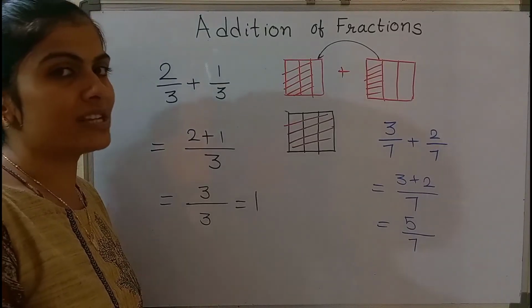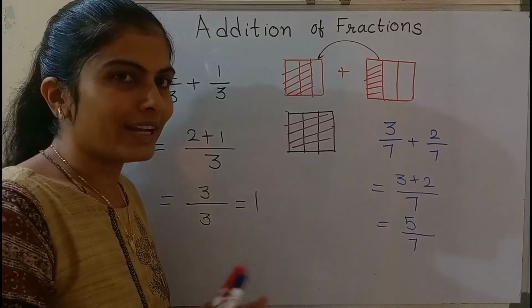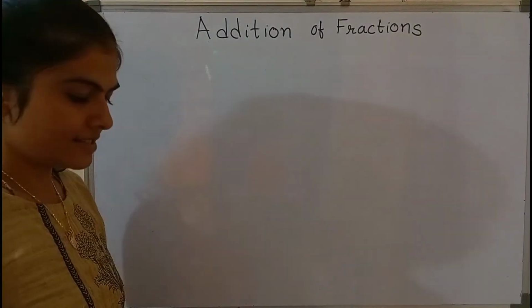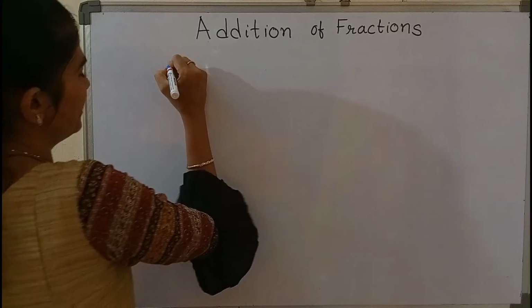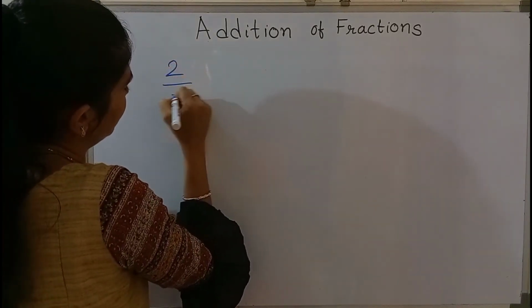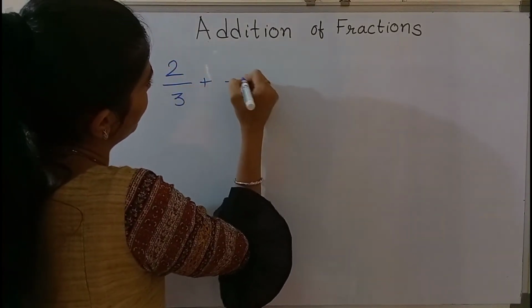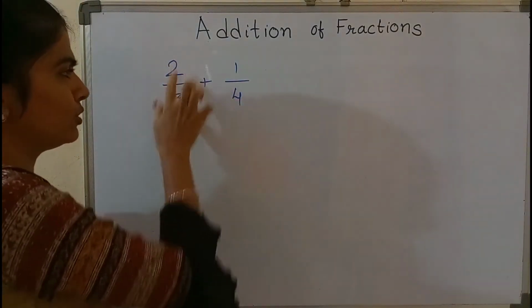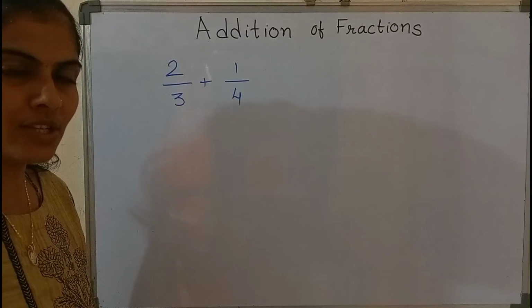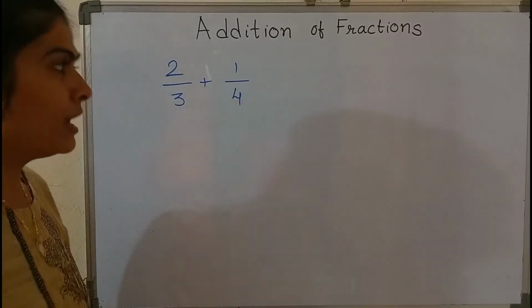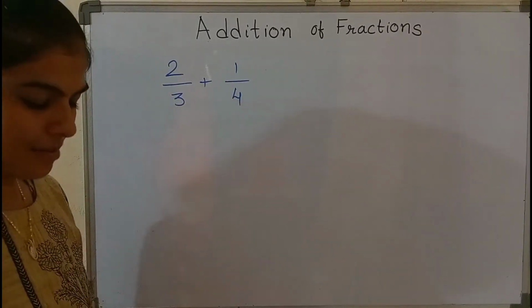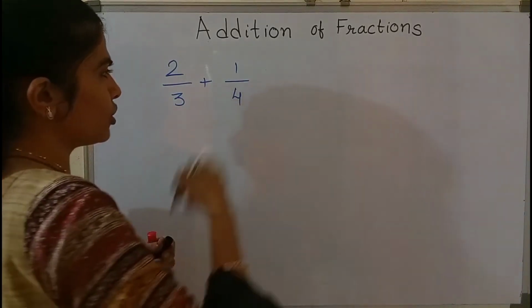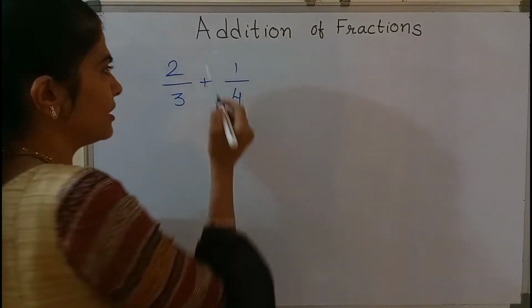But if denominators are not the same, then what to do? Let's take some examples of it. Next, let's consider if the denominators are not similar. So if I say 2/3 plus 1/4. Friends, you can see that this is 2/3 and this one is 1/4. So the first condition is we need to make the denominator same. One method is you can take the LCM, and another method is, rather than taking the LCM, we can do cross multiplication as we did in the method of comparison.